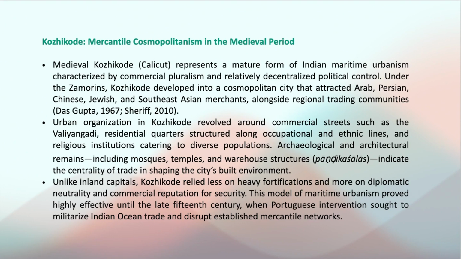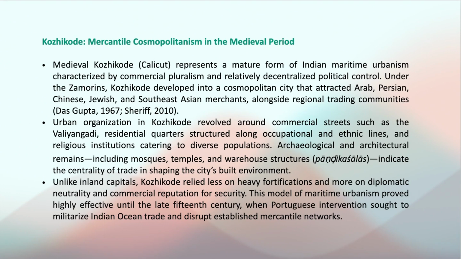Medieval Kozhikode or present day Calicut represents a mature form of Indian maritime urbanism, which is characterized by commercial pluralism and relatively decentralized political control. Urban organization in Kozhikode revolved around commercial streets such as the Valiyangadi and residential quarters structured along occupational and ethnic lines, and religious institutions catering to diverse populations.